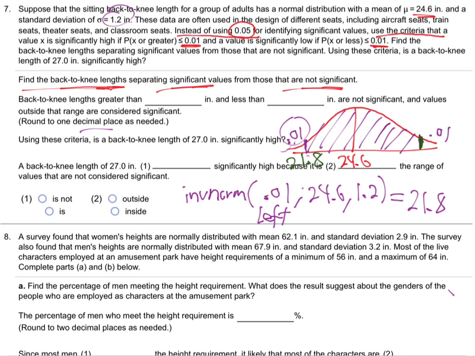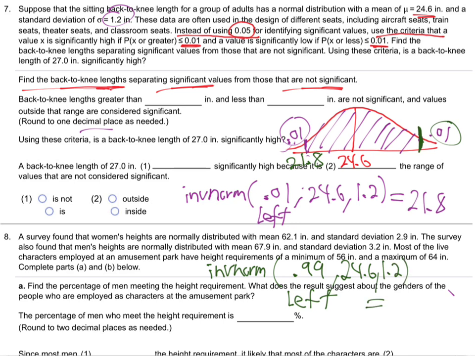How are we going to use inverse norm again? Because we want the numbers on the bottom again. Now, remember, when you use inverse norm, you've got to put in the area to the left. So if you're at this spot with 1% above you, 99% is below you. So I'm going to put in 0.99, then the same center, 24.6, same standard deviation, 1.2, and get an answer.